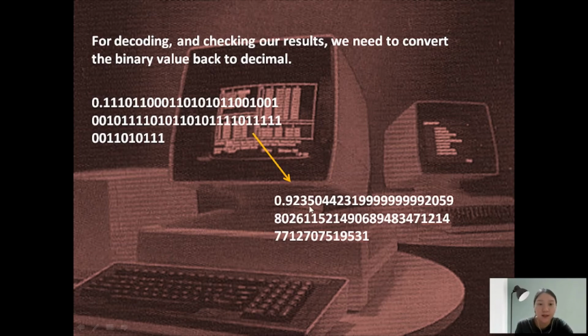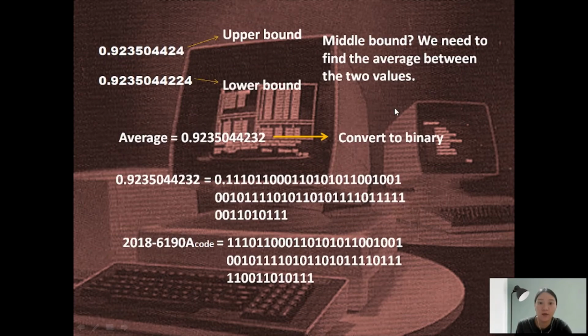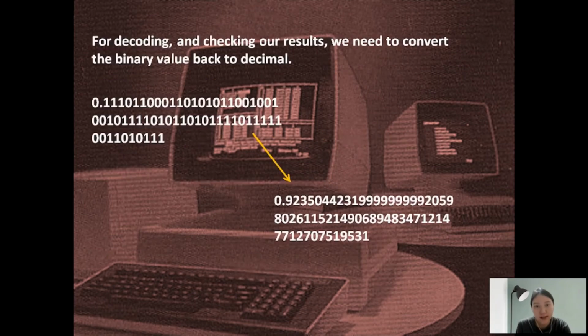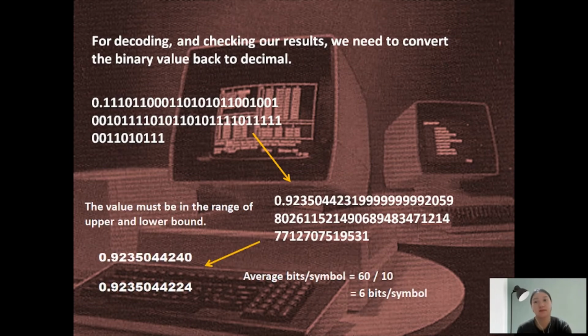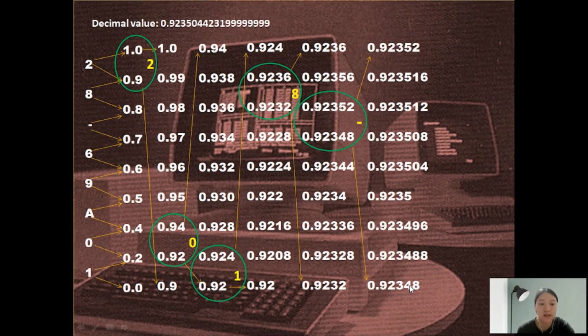It is approximately equal to our middle bound based on our previous calculations, but it doesn't matter as long as it is between the ranges of our upper bound and lower bound. The average bits per symbol here is 60 over 10, so that would be 6 bits per symbol.